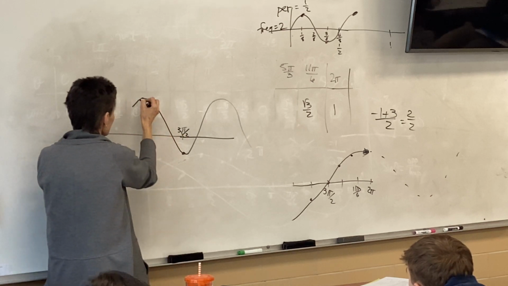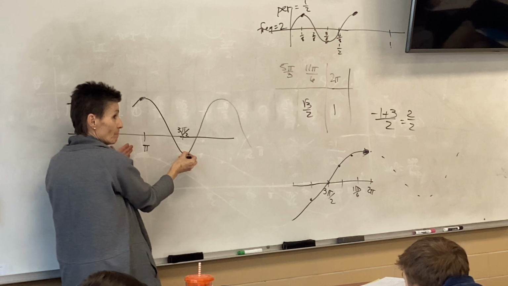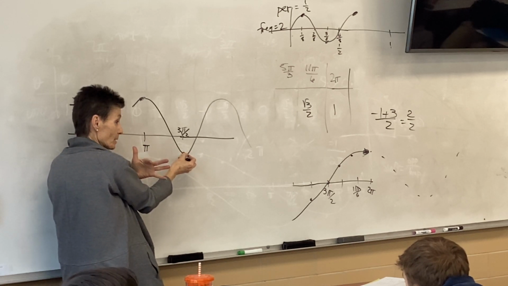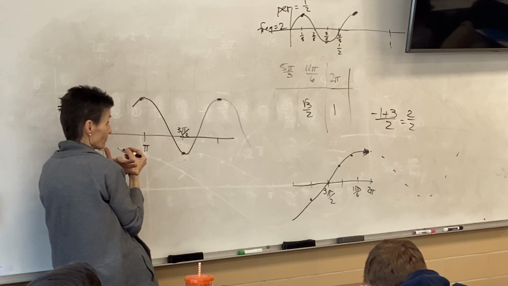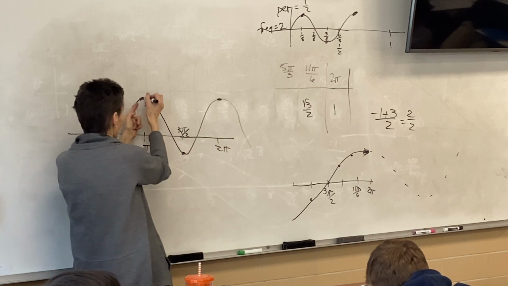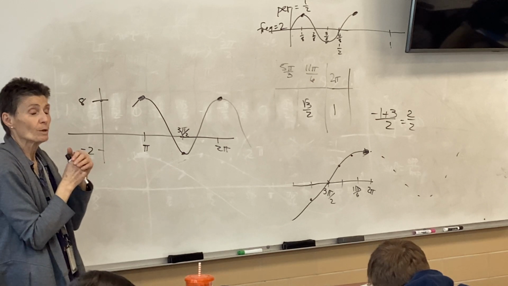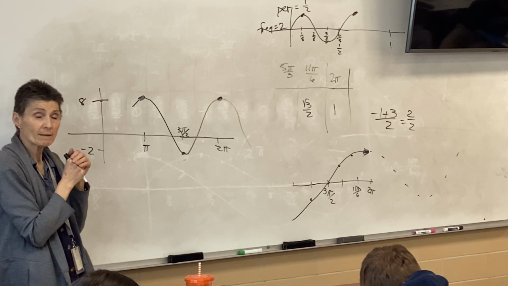So how far is it from the maximum to the minimum? Pi over 2? Half pi? So where is the next maximum going to be? 2 pi? So what's the period of this function? Pi, which means its frequency is 1 over pi.